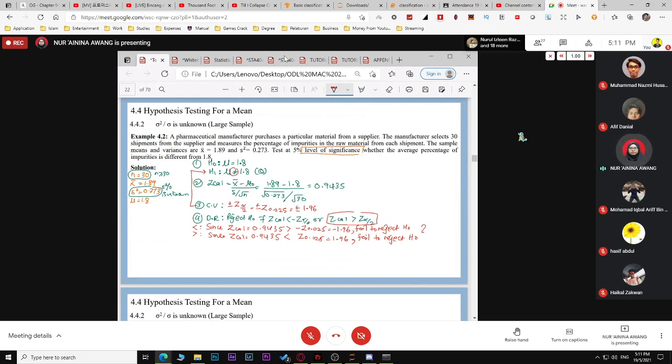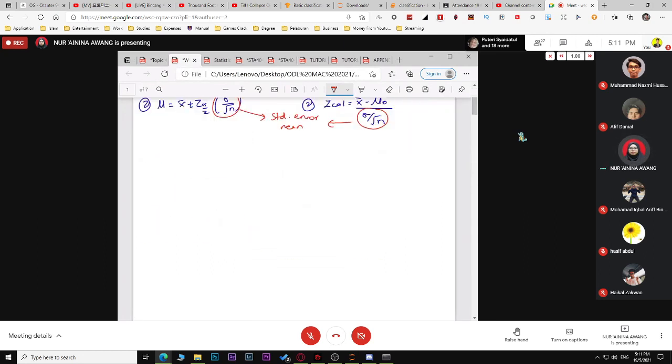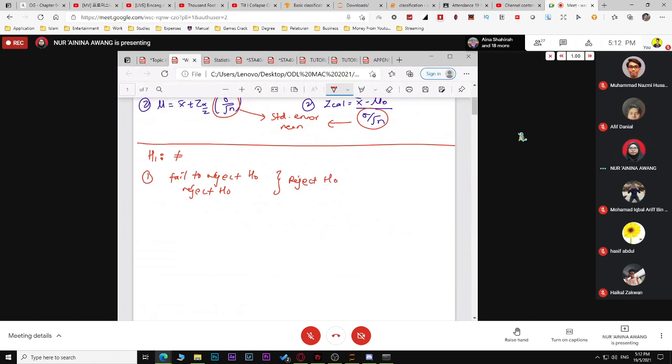So how to know either we want to reject or fail to reject these two? Okay, so kita akan refer. Kalau ini untuk case H1 unequal, kalau you dapat satu fail to reject, satu you dapat reject, so if either one is reject, kita akan kata reject H null.